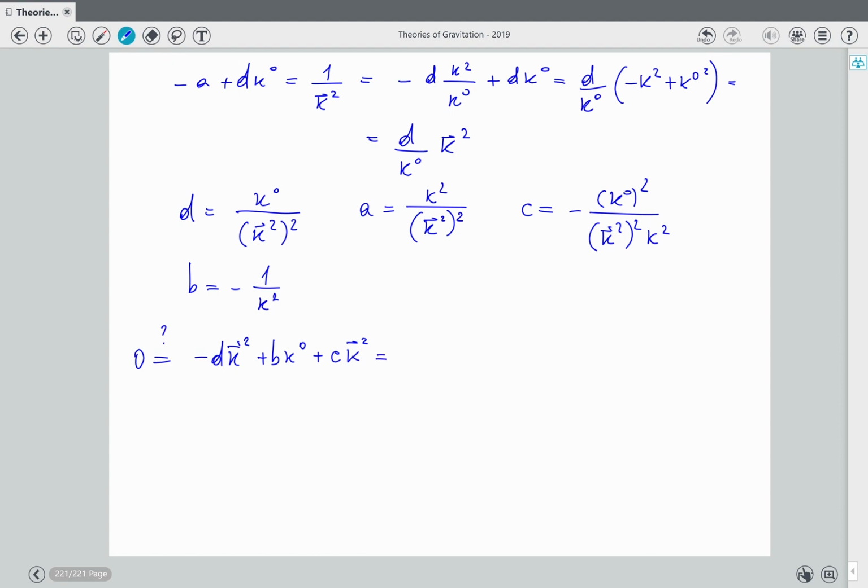So that's minus D times k squared, plus b k0, plus c, so that's another minus, c k0 squared k squared, plus c times that.